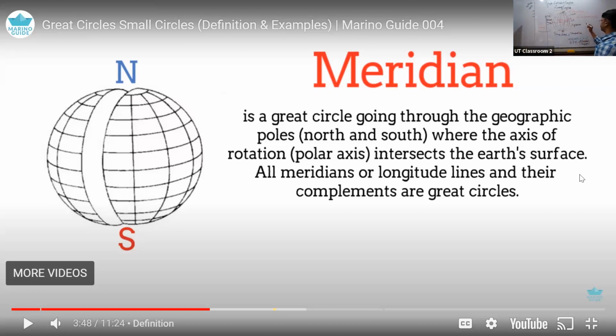If I cut the Earth at the Tropic of Cancer, this circle will be smaller, this circle will be bigger. Whereas if I cut it from the equator, they are equal. But in longitudes, how? They all start from.